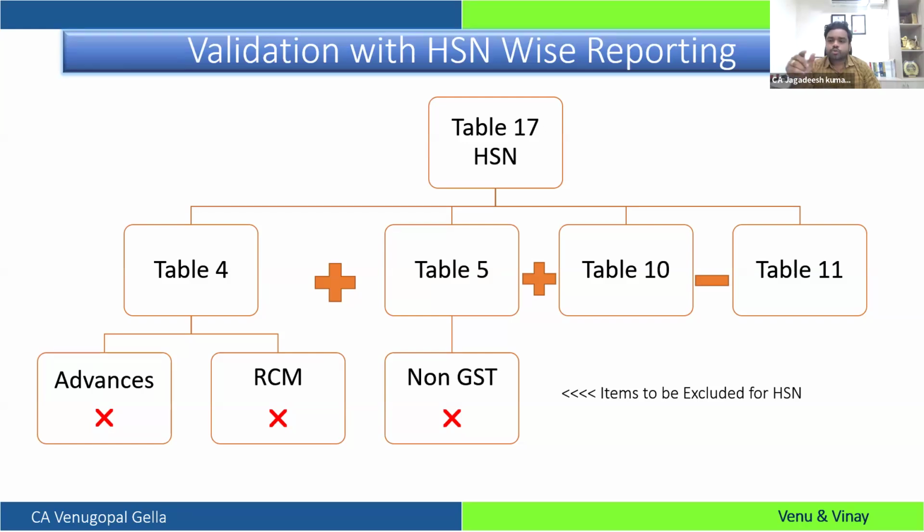So my total HSN outward liability should match with my table 4 plus table 5 plus 10 minus 11. Exclusions are advances, inward RCM supplies and non-GST supplies. And this turnover should match with my table 17. So that's the validation for the table 17.